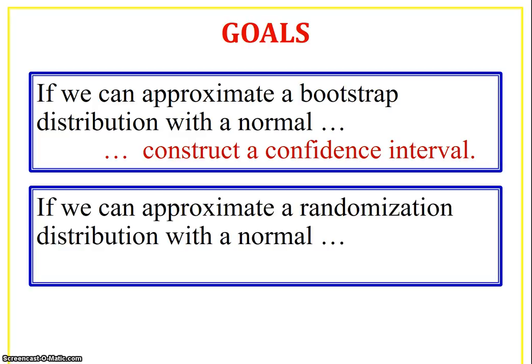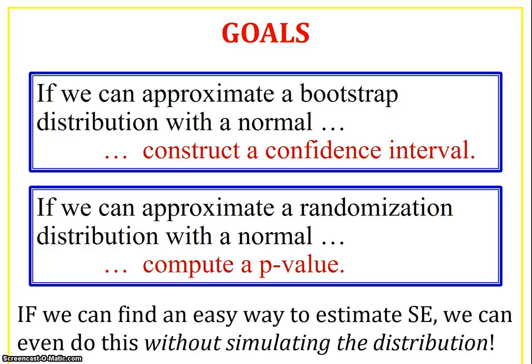If we can approximate the randomization distribution with a normal distribution, then we can use that normal distribution to compute a p-value for a hypothesis test. And if we can find an easy way to estimate the standard error without doing lots of simulations, we could even do this without simulating any distribution at all. And that's what we're going to be working towards in this module.